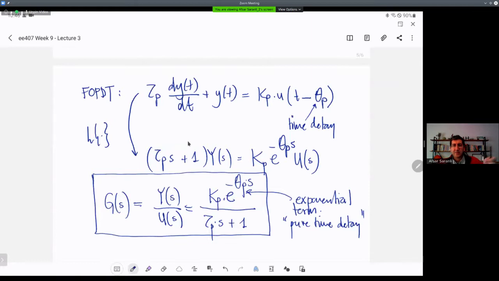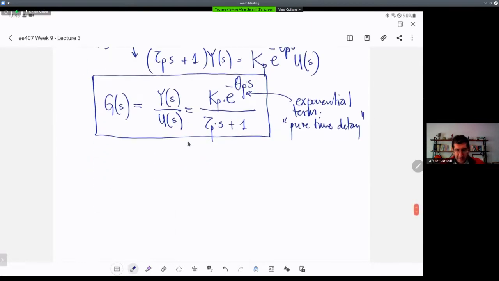All right, so let's continue with our discussion here. Okay, so we have essentially a first order model, but the input is delayed by theta p. So the model parameters that we have, clearly three of them.